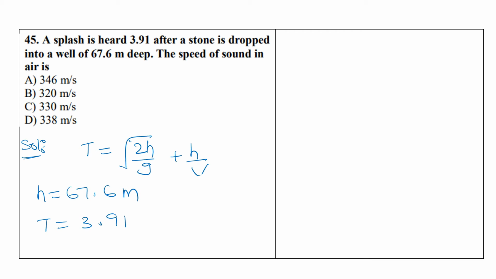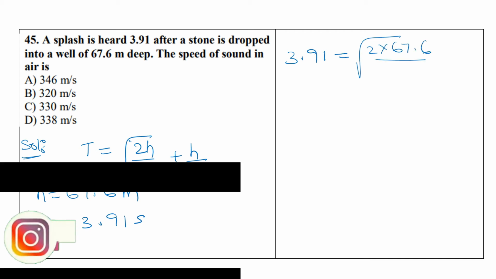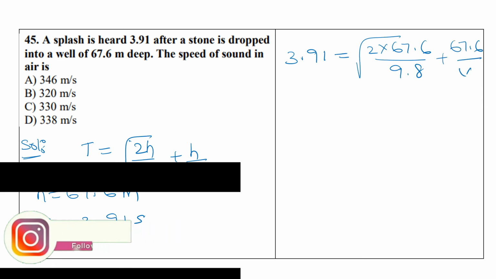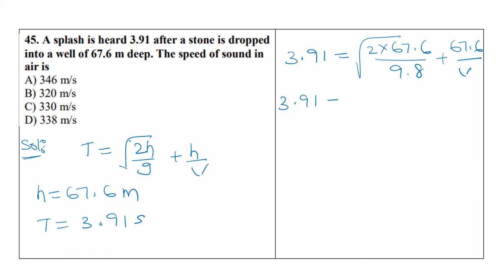So substituting, 3.91 is equals to square root of 2 into h 67.6 by g 9.8 plus 67.6 by v. So now 3.91 is equals to this complete value root of 13.8 plus 67.6 by v.